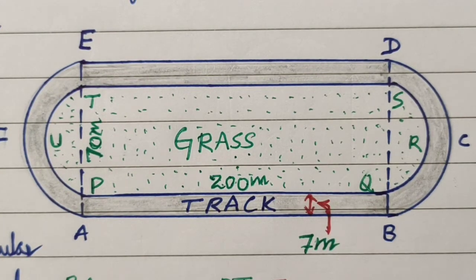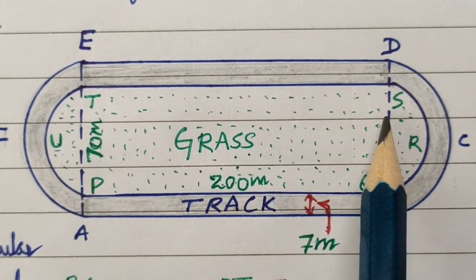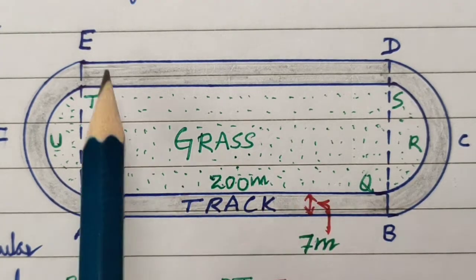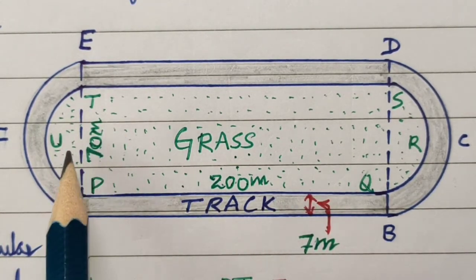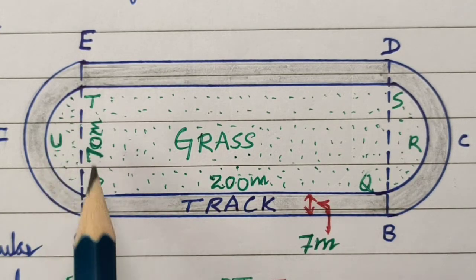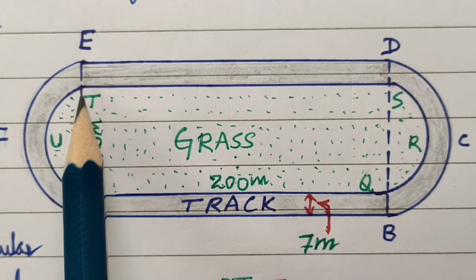To find the area, we need to find the area of the rectangle PQST, that is, length into breadth. Then we add two times the area of the semicircle.